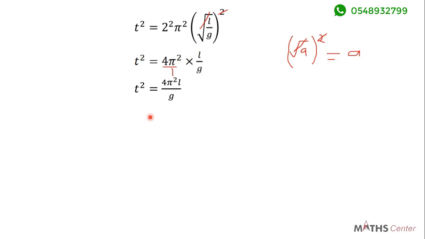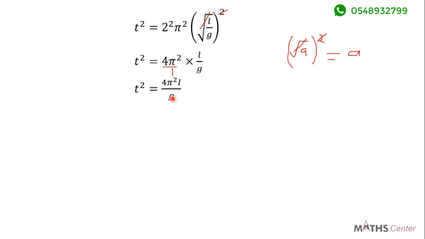Okay, we now have an equation that involves a fraction. We said in the previous videos that whenever the equation involves a fraction, what you do is that you identify the fractions, you find the denominators, then you find the LCM of the denominators. Now the denominator here is G, that's the only denominator here, so that is what we are going to use as the LCM. You multiply each term by the LCM.